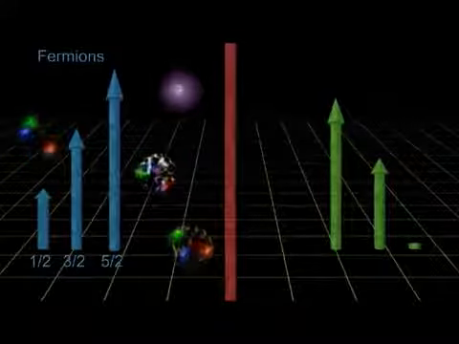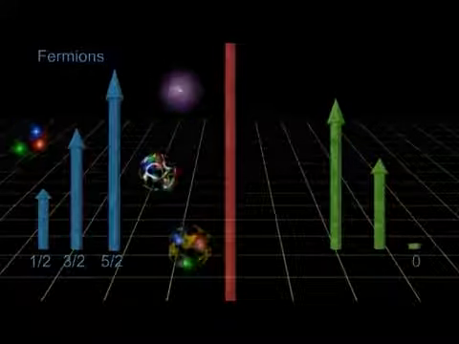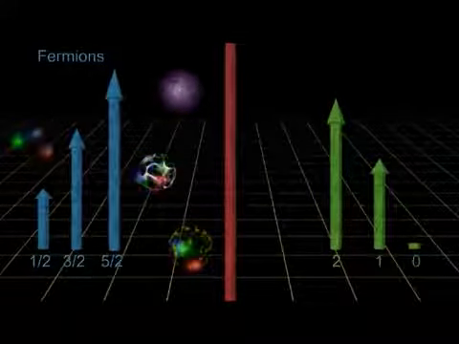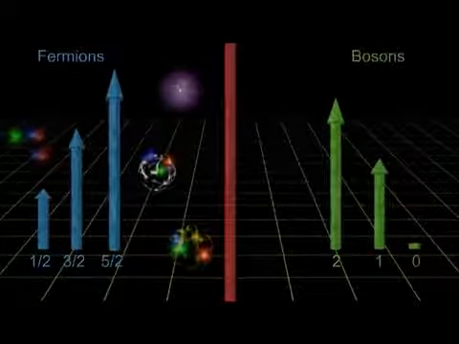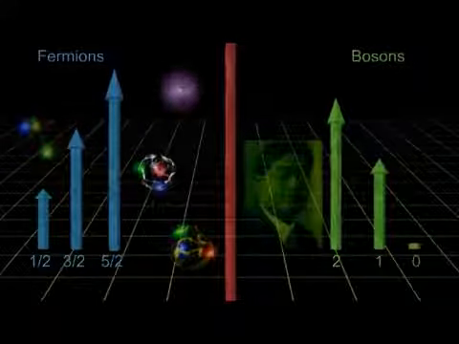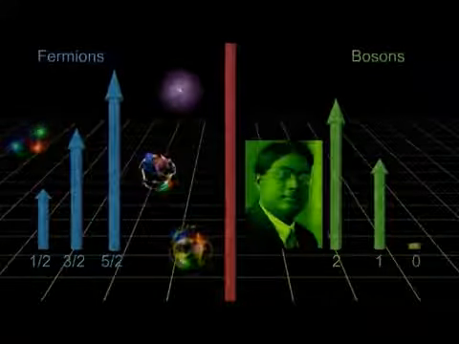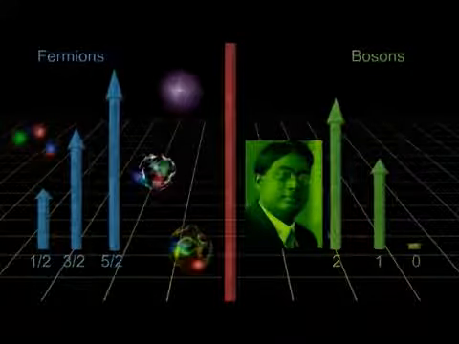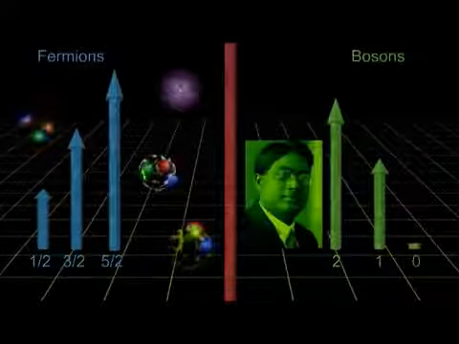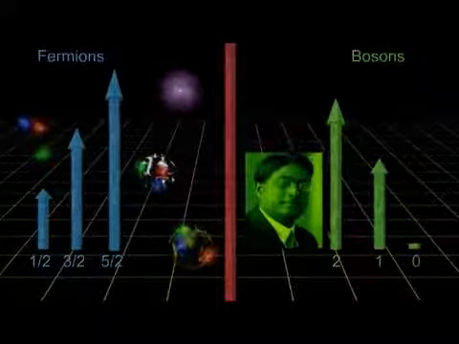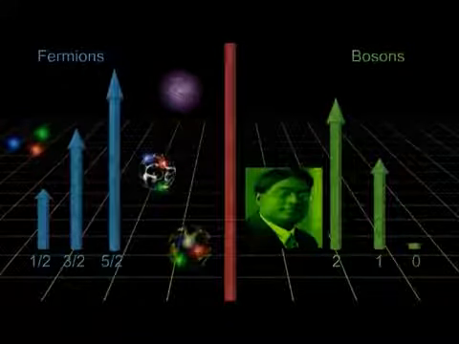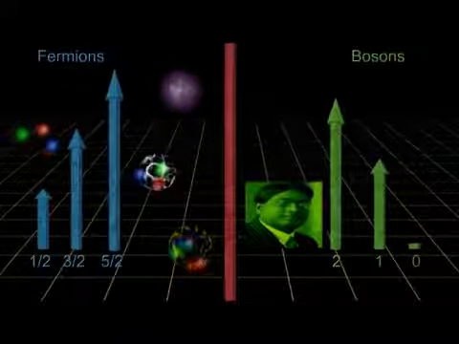The other family of particles have spin equal to 0, 1, 2, 3, and so on. They are called bosons, after Satyendra Bose, who along with Einstein developed the statistics for dealing with this family. Unlike fermions, which must obey the Pauli exclusion principle, bosons do not.